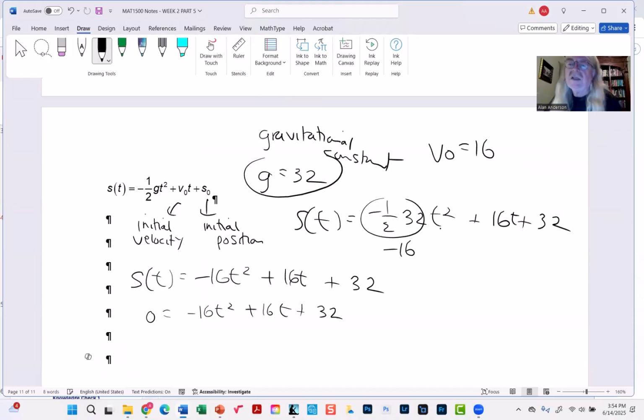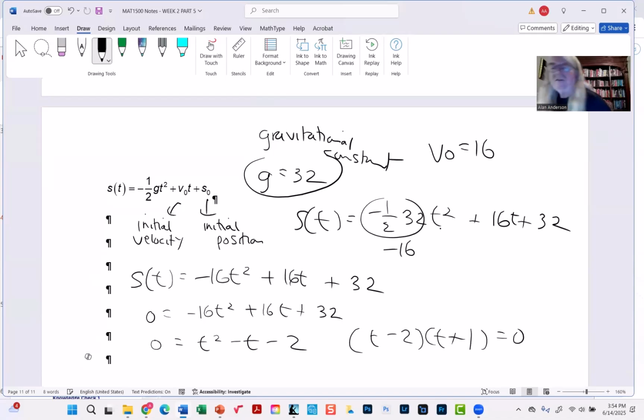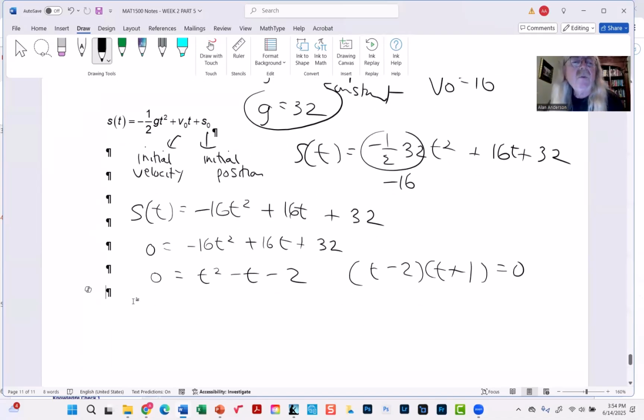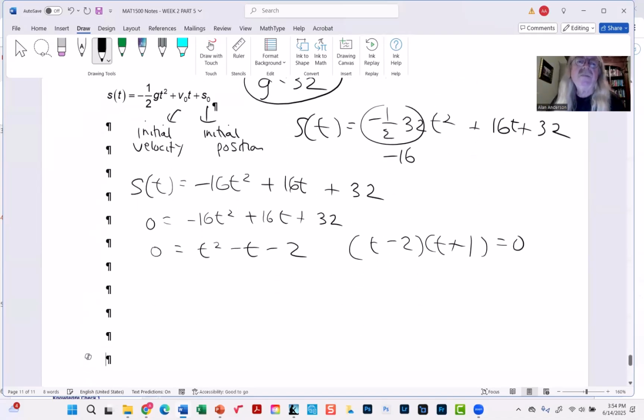Now, while this looks like a mess, you can actually simplify it by dividing both sides by negative 16. And I think you'll find it easier to factor it out. Now, here's an interesting twist. We can see there's two solutions.